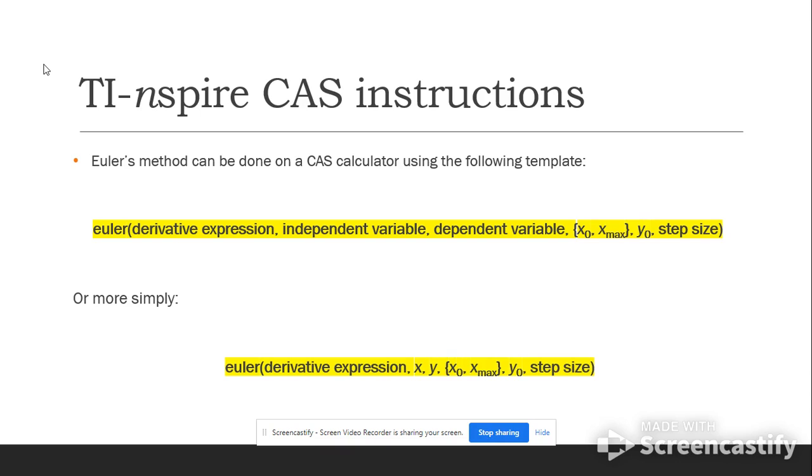Or more simply, we type the word Euler, open a bracket, we write the derivative expression, comma, x, comma, y, comma, in braces, x0 to x max, comma, y0, comma, step size.